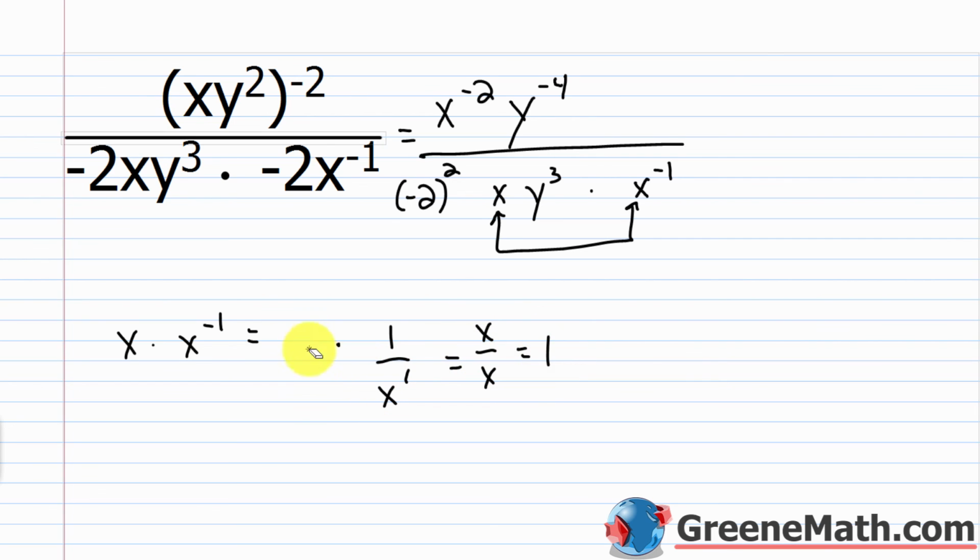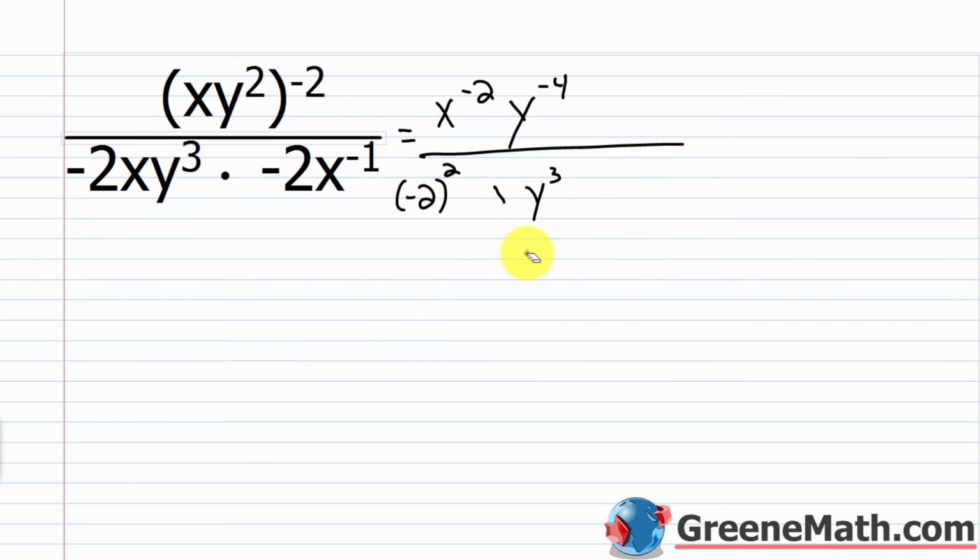You can verify this using your product rule for exponents. This is x to the first power times x to the power of negative 1, which is x to the power of 1 plus negative 1, which equals x to the power of 0, which by definition is 1. So essentially, these two would cancel out. You could just erase them.